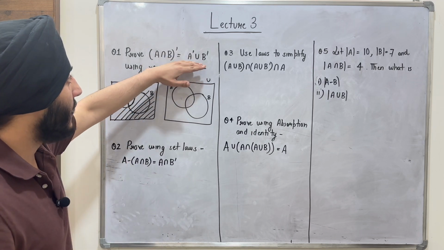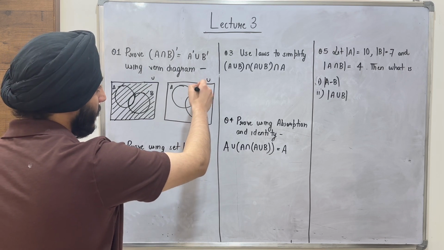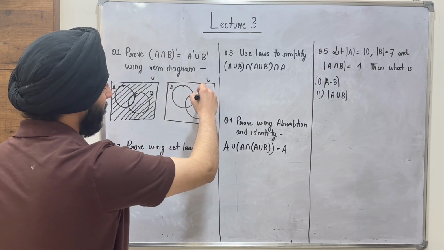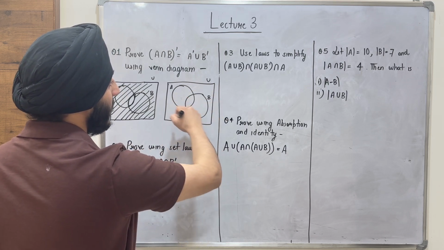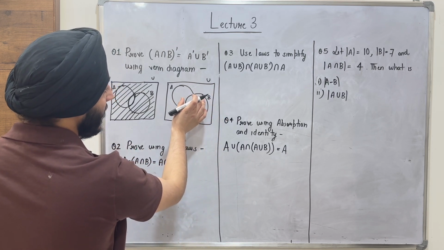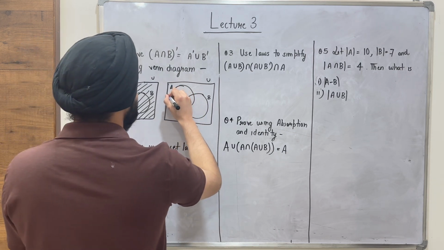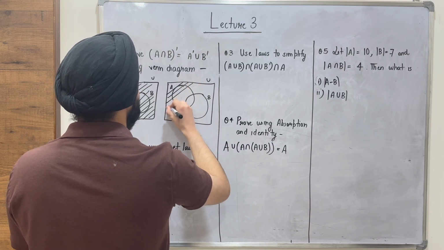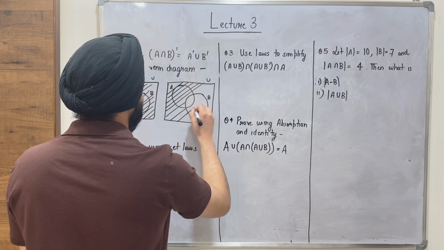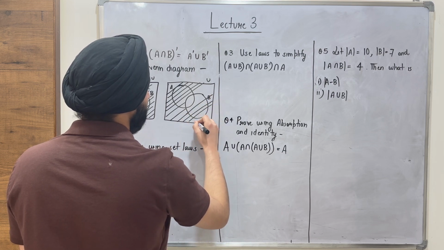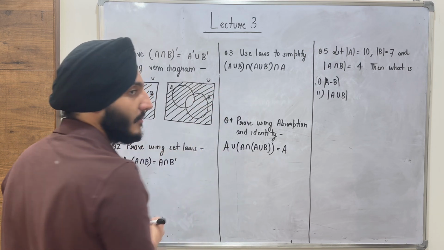For this part, I'm given A complement, which is going to be the entire region surrounding A, and B complement is going to be the entire region surrounding B. And the only area that will be left in this case would be this middle part again. So this again would be this entire part. I hope that makes sense. Right? So it's very easy to visualize the De Morgan's law using the Venn diagrams. I hope that makes sense.